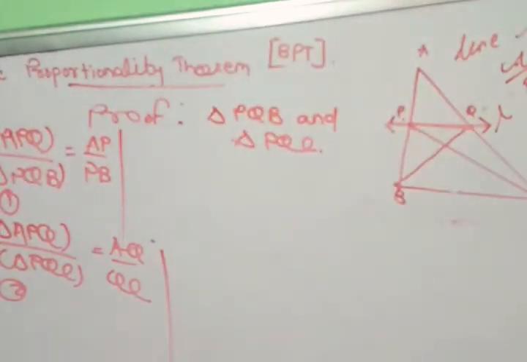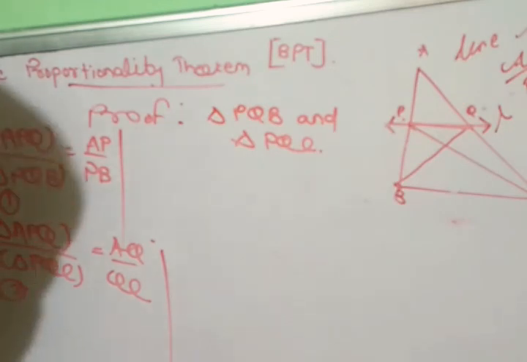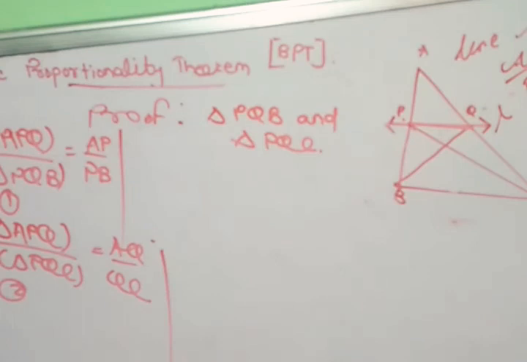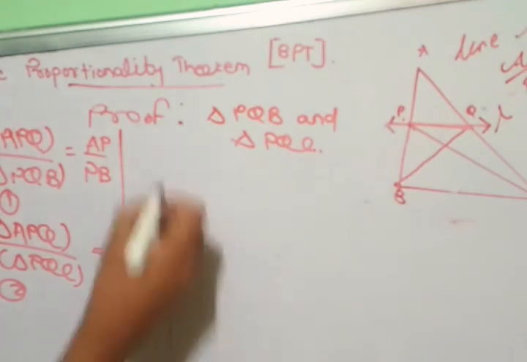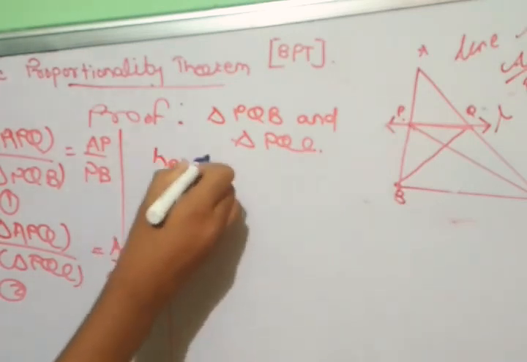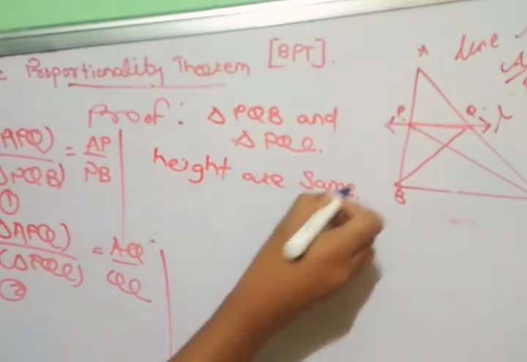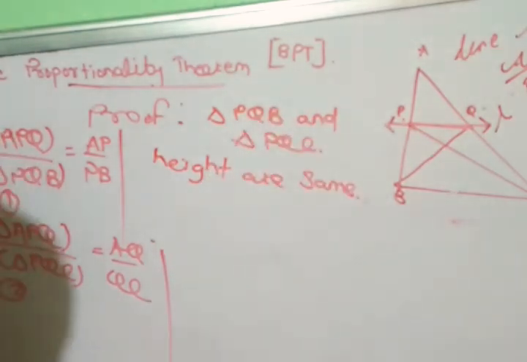Why are the heights the same? Because the line L is parallel to BC, and the height is the same for both triangles. So the heights are also the same in both triangles PQB and PQC.